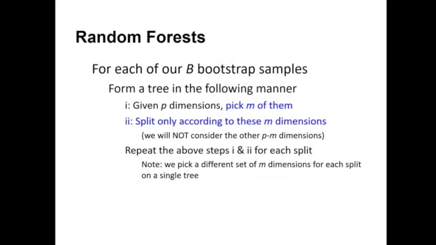More concretely, for each tree, when given P dimensions, you pick M of the dimensions. You split only according to those M dimensions, and you're not going to consider the P minus M dimensions at all at that split. And repeat this procedure for every split, which means for every split, you pick a different subset of M features.